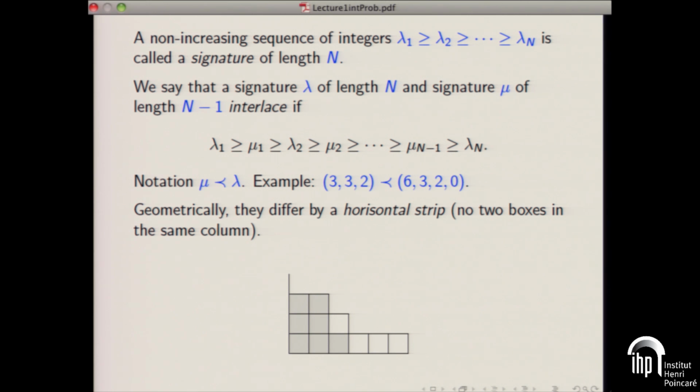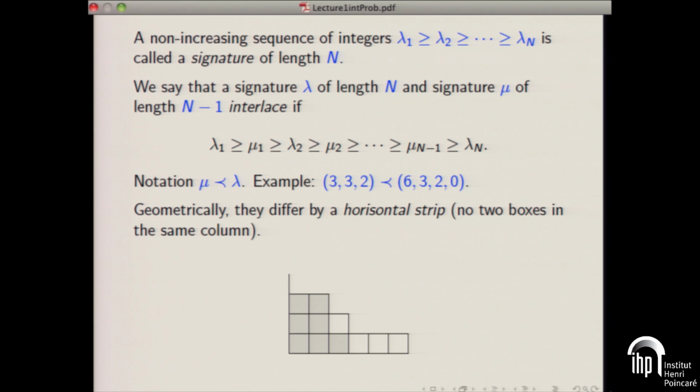This is 6, 3, 2, 0. And then 3, 3, 2 is... everything is wrong, sorry for this. Yes, this is 3, 2, 2. So both of them interlace with 6, 3, 2, 0, which is good.